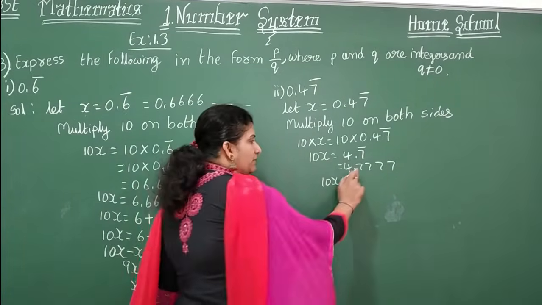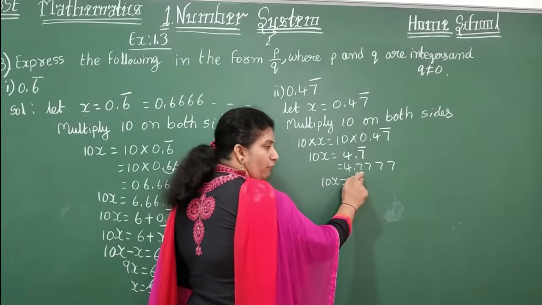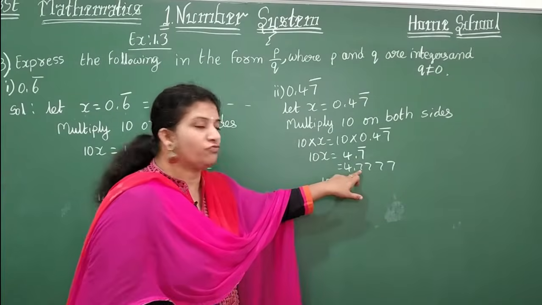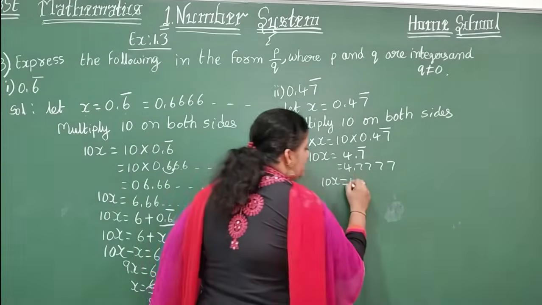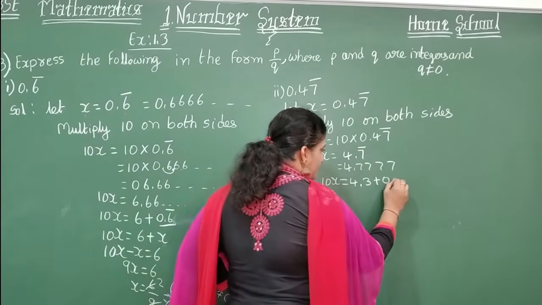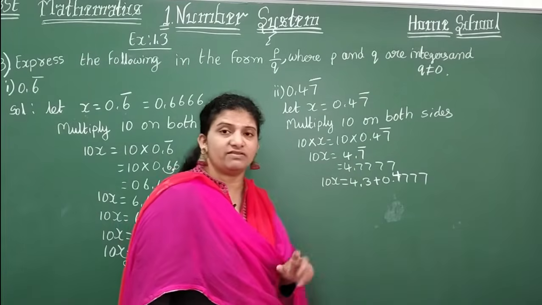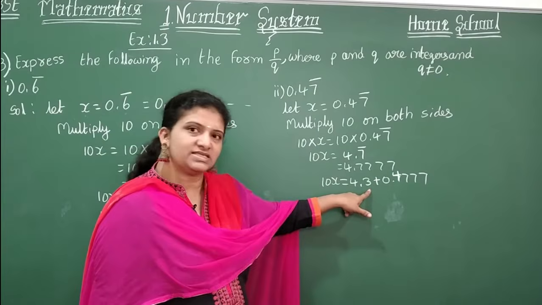So for that purpose, what you are going to do here? You should get here 4. 7 minus 4 will be how much? 3, right? So now I split this number as 4.3 plus 0.4777. Why? So 4 plus 3 it becomes 7.